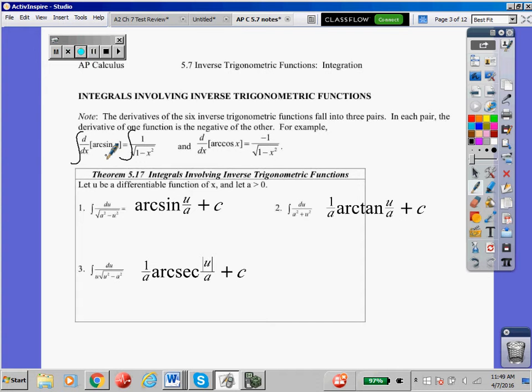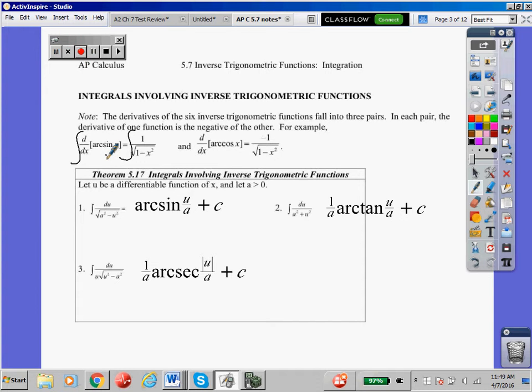And if I wanted arc cosecant, arc cotangent, and arc cosine, they're just going to be negatives, okay? So we're only going to look at these 3.